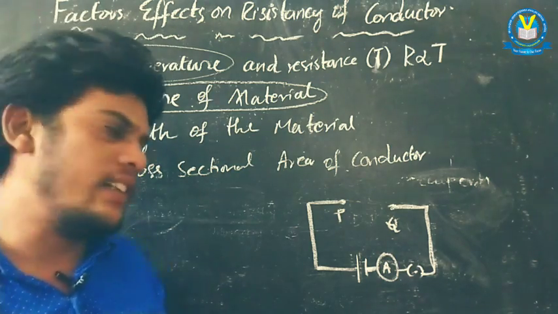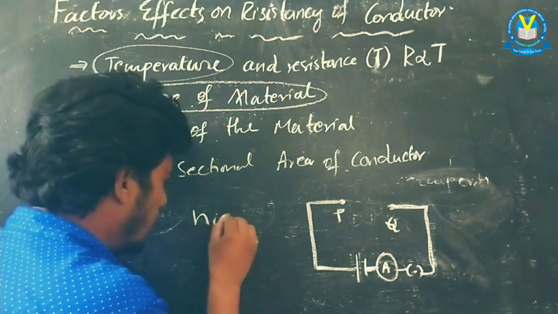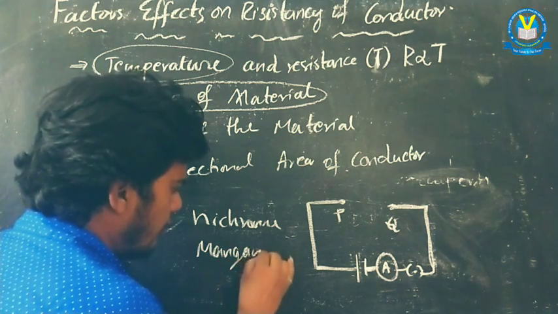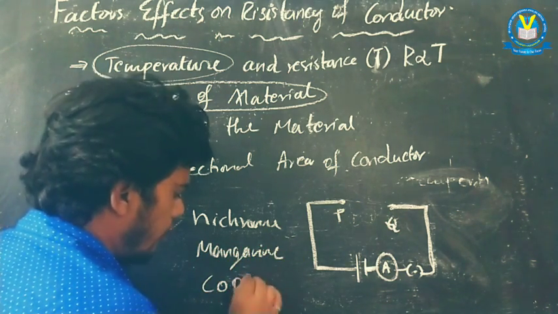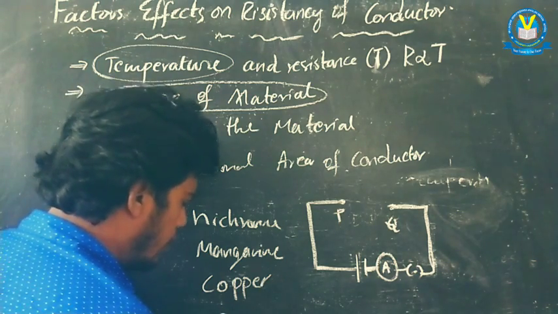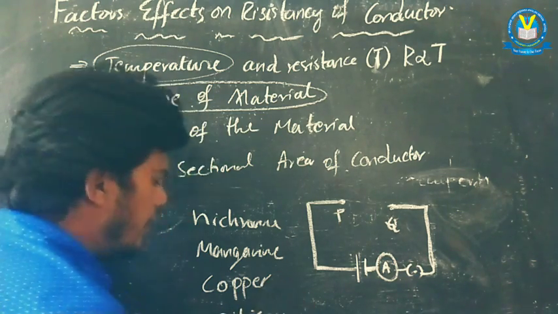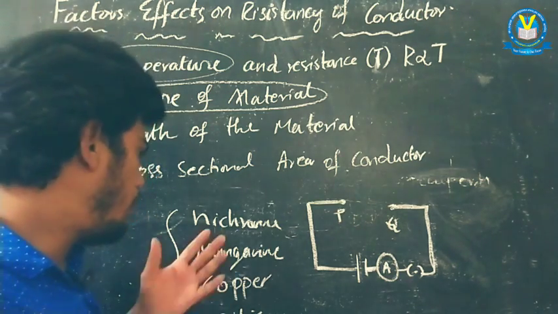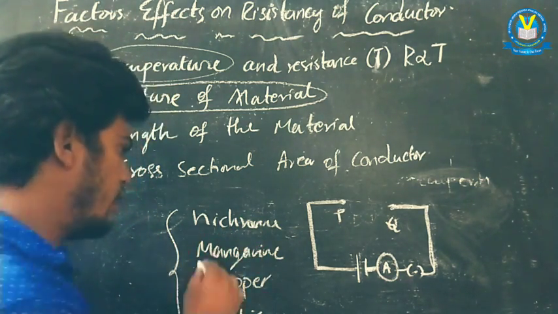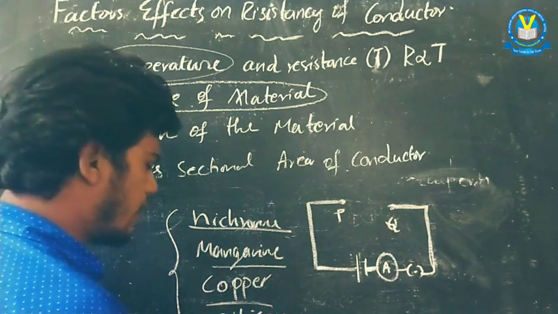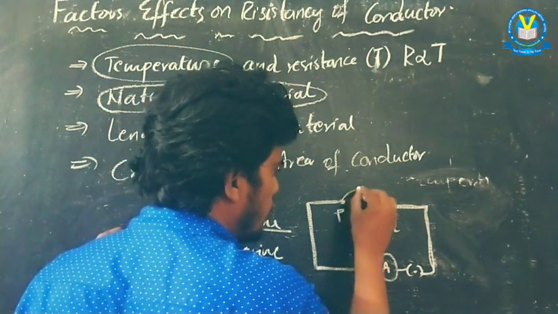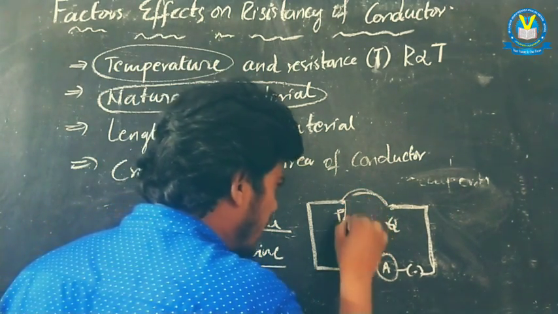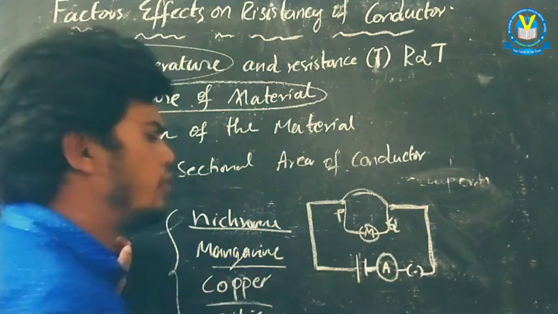Now take different materials like nichrome, manganese, copper, silicon, etc. Place these conductors, nichrome or manganese or copper or silicon, between these two points P and Q, connect a multimeter to it, and observe the readings.